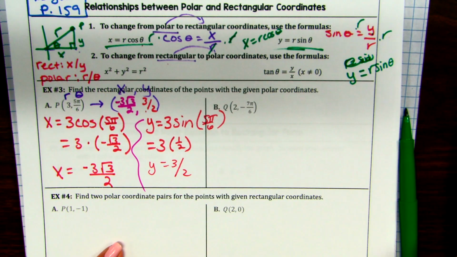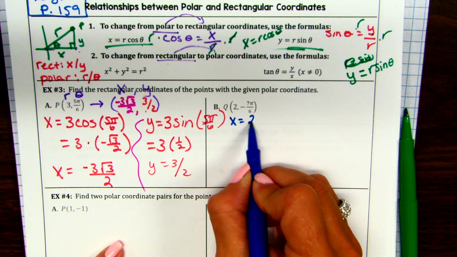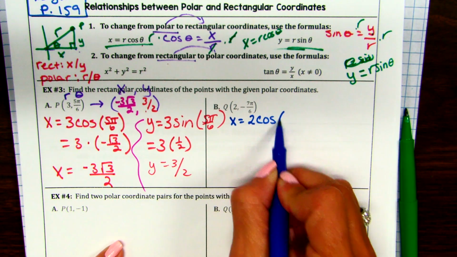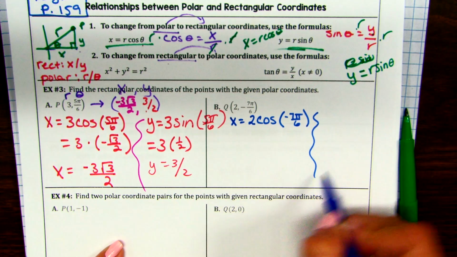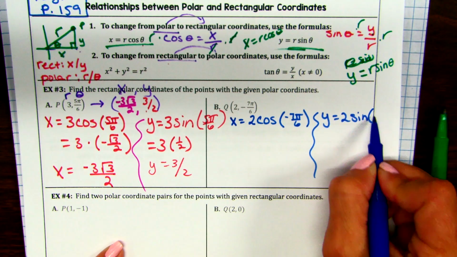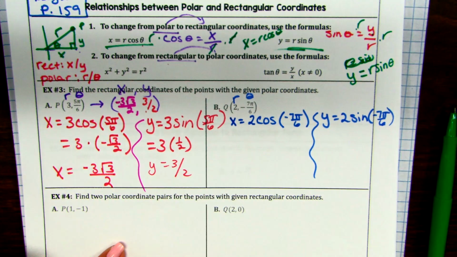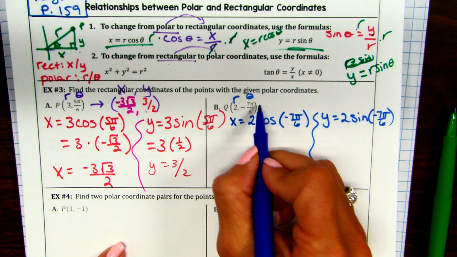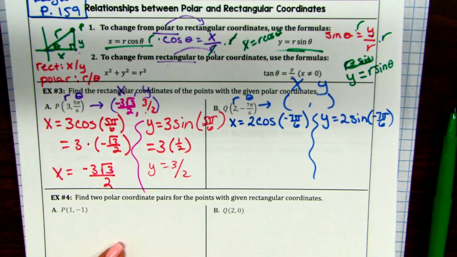All right, let's just do one more of these. X equals r cosine. I want to review with you the negative angles. So I'm just plugging in r and theta into the same formula we just used in order to get x and y.